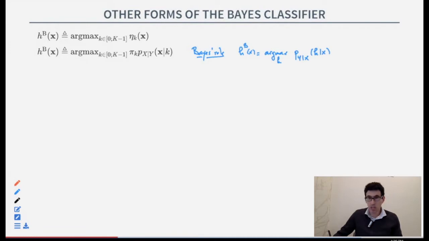Now the maximization is over k. So if I multiply by a function of x, I don't change the value. So without changing the value of my optimization here, I can multiply by p(x). But once I multiply by p(x), you see that this quantity is now the joint distribution, by definition, between x and y.